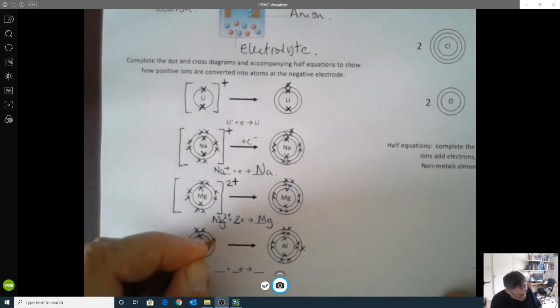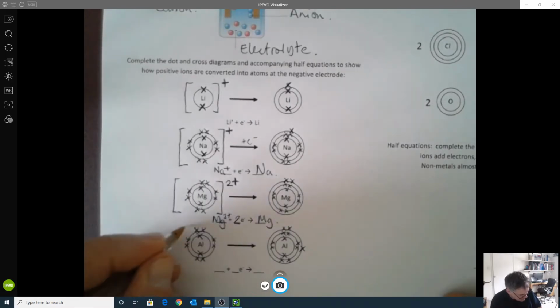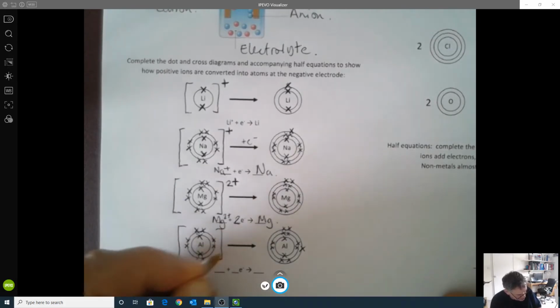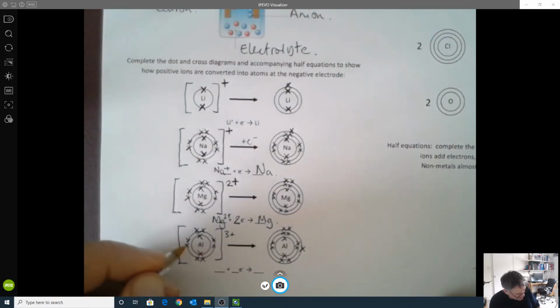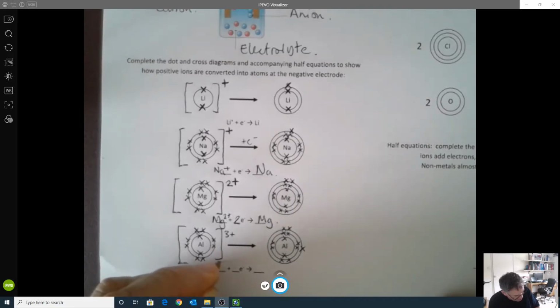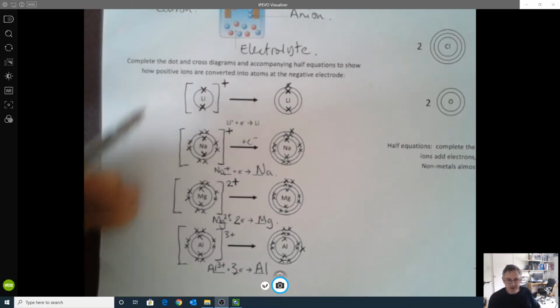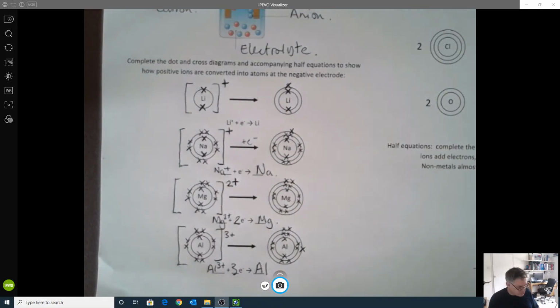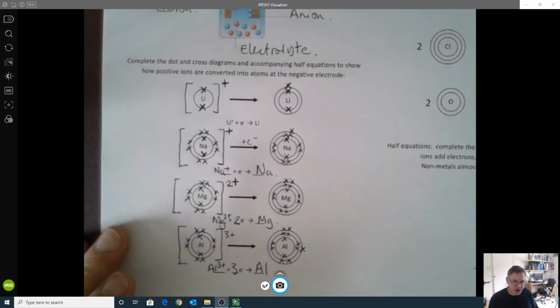And it loses those 3 to just give me 8 in its outer shell, 10 electrons altogether, but it has a 3 plus charge, and therefore it gains 3 electrons to become aluminium metal. Aluminium ion, Al3+ plus 3 electrons goes to give aluminium metal. So those are the half equations for forming metal atoms from different metal ions.